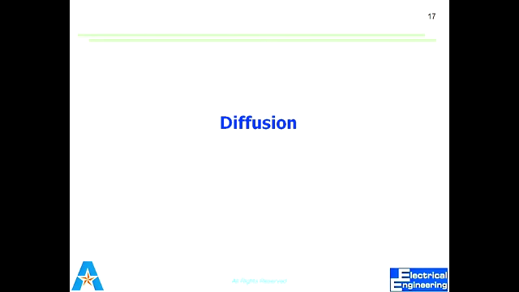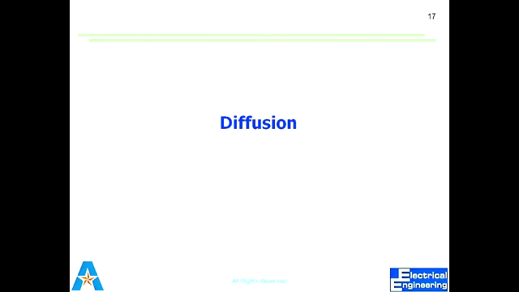Okay, so that was something about cleaning. Now we are going to talk about diffusion. Just like oxidation, diffusion is also one of the very important processes. Actually, there are 5 basic processes in silicon IC fabrication technology.